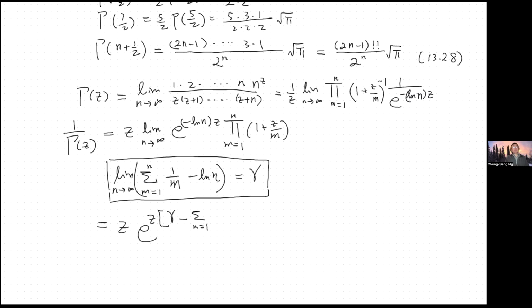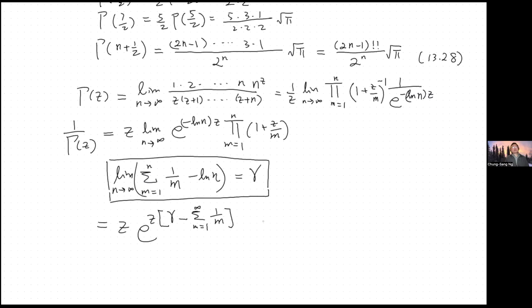Now you can explicitly let n go to infinity and get rid of the limit sign: m from 1 to infinity, 1 over m.